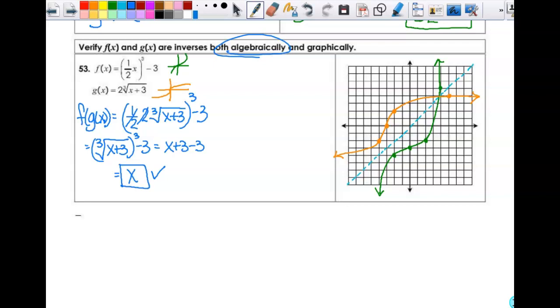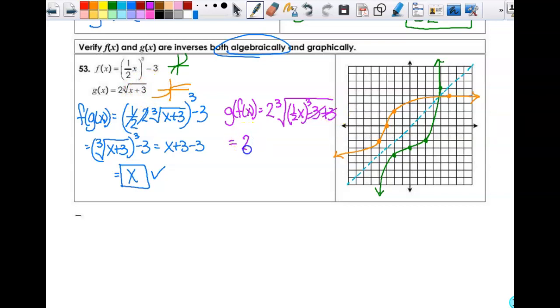All right, then I have to do g of f of x. So I take f of x, put it in here. Get 2 times the cube root of, instead of x, I put 1/2 x cubed minus 3. Then I still have this plus 3 here. So those zero out.